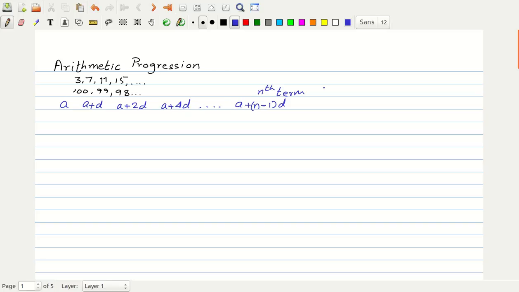So if anybody asks you to find the nth term of an arithmetic progression, this is the formula that you use.